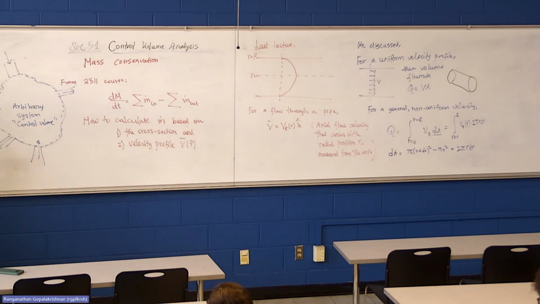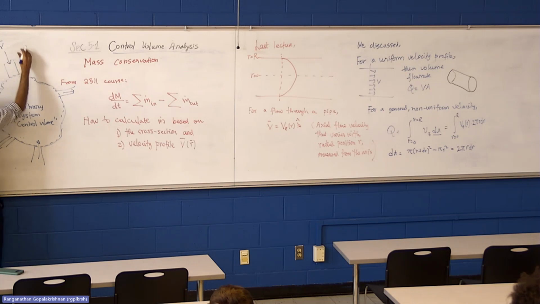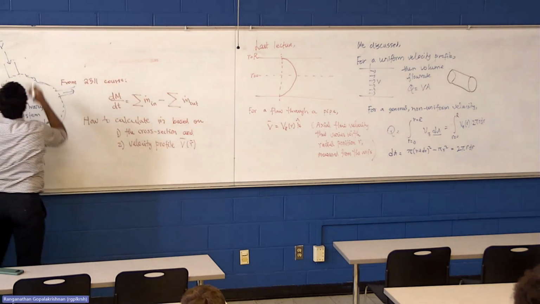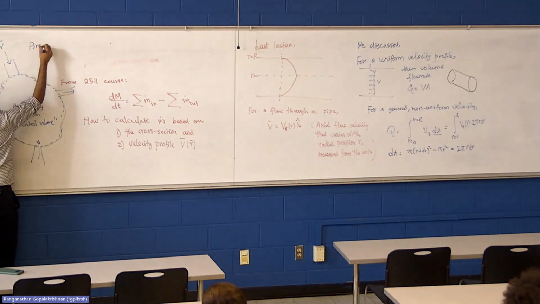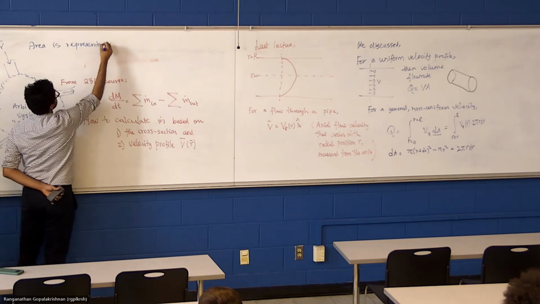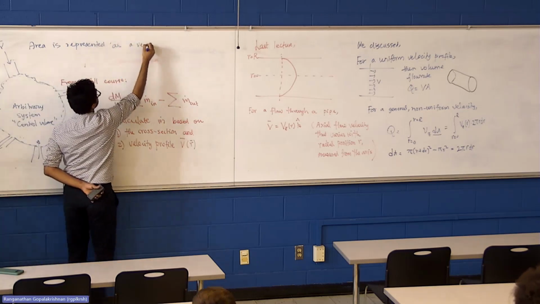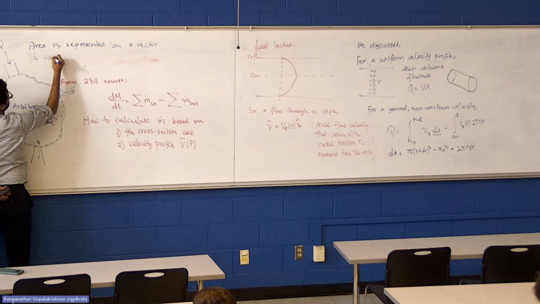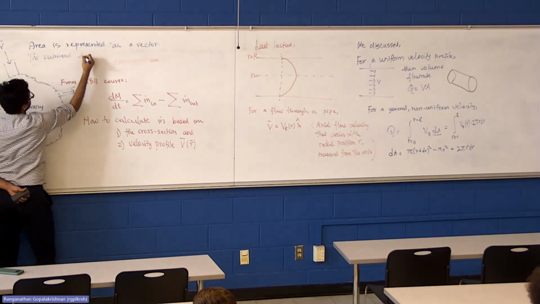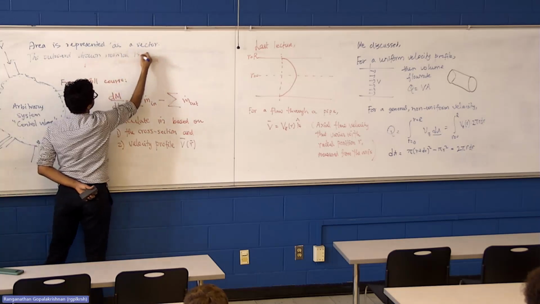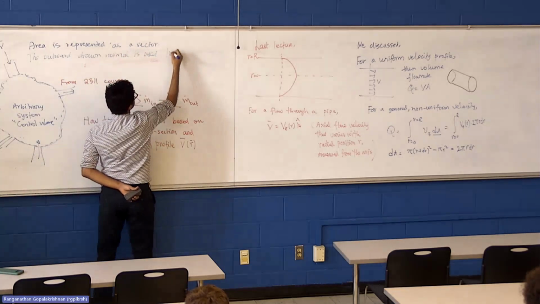Okay, so if you had velocity, let's say here, we discussed how area is represented as a vector, and usually the outward drawn normal is used to denote the sense.